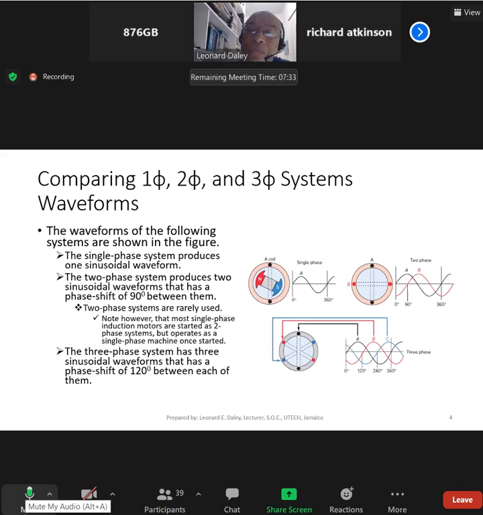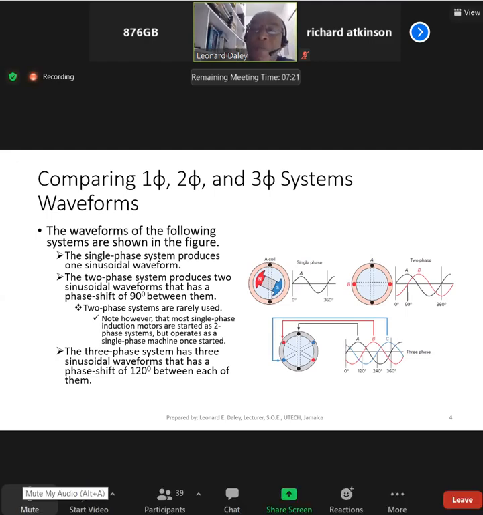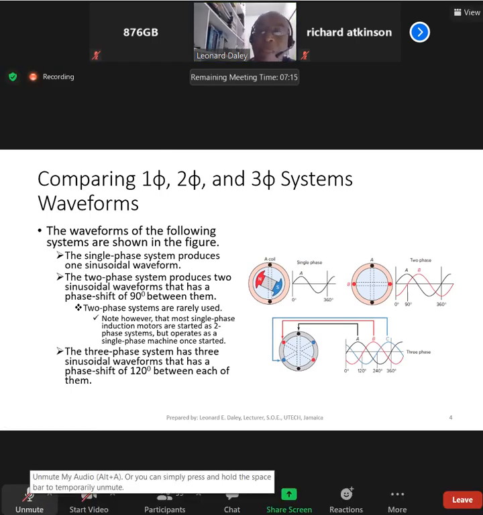I can connect to it, sir. Last semester half of the students couldn't connect to it, and one of the things was that UTech has some restrictions with Google Classroom.